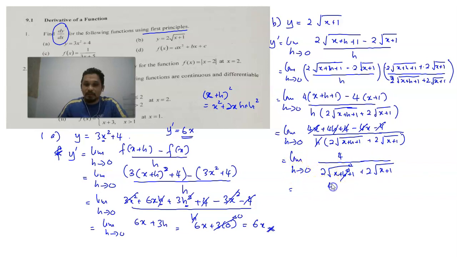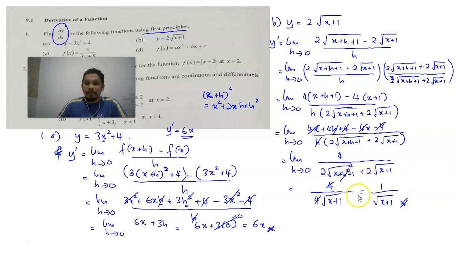It's just now 4 divided by 2 times square root of x plus 1 plus 2 times square root of x plus 1. And 2 times square root of x plus 1 plus 2 times square root of x plus 1, we come out with 4 square root of x plus 1. Then divide by this, come out with 1 divided by square root of x plus 1.